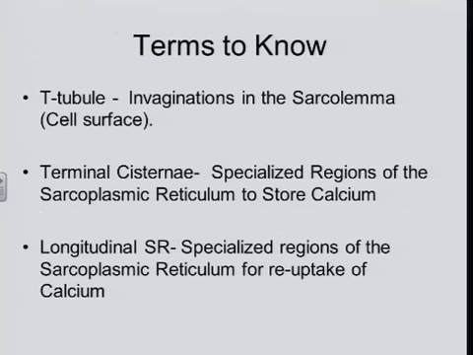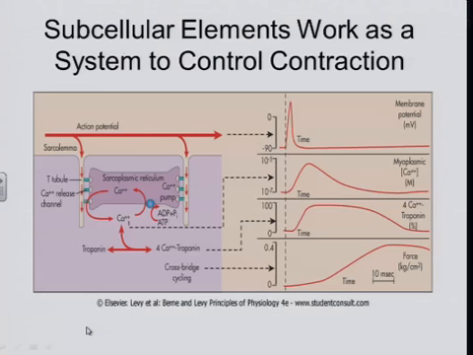Sarcoplasmic reticulum, intracellular membrane, not connected with the extracellular surface directly. Terminal cisternae, part of the SR. Longitudinal SR, also part of the SR, or sarcoplasmic reticulum. We will refer frequently to sarcoplasmic reticulum as SR. That's just jargon that's commonly used in the field. It makes things a little bit easier than having to write that out, particularly on every slide.